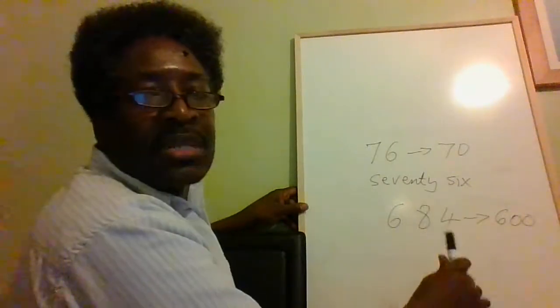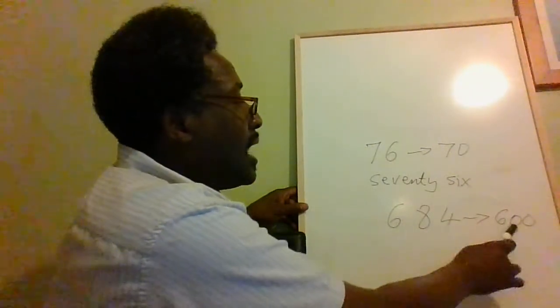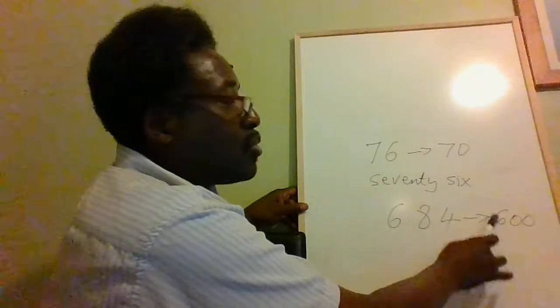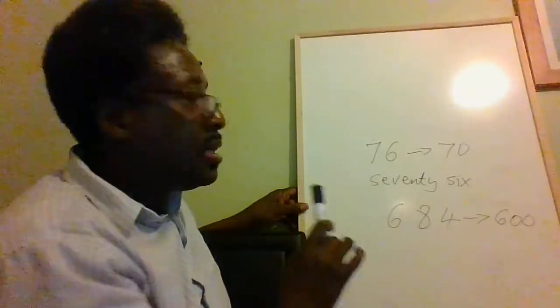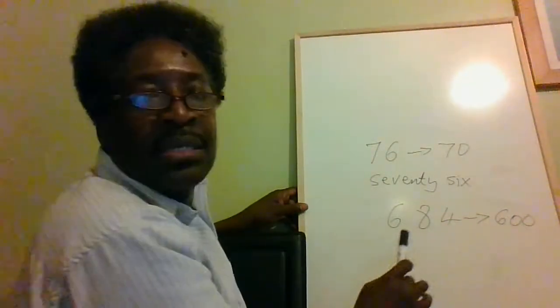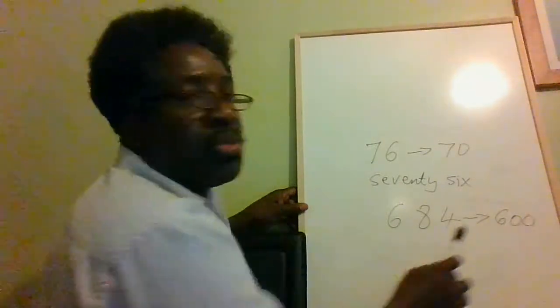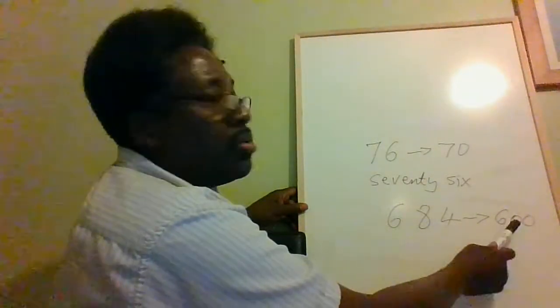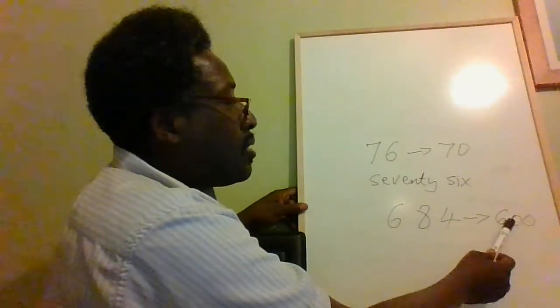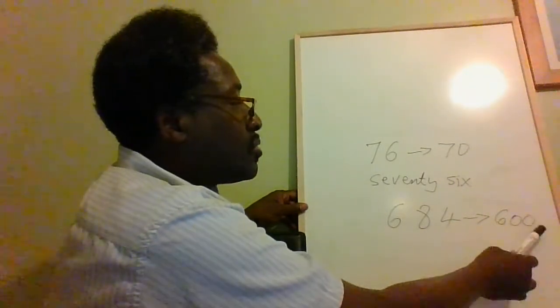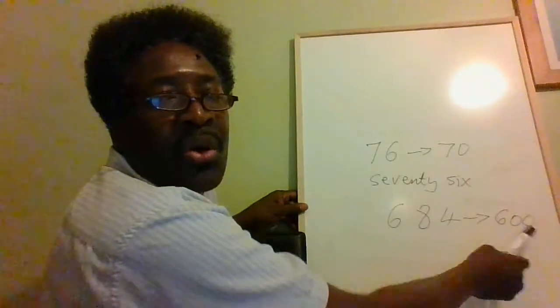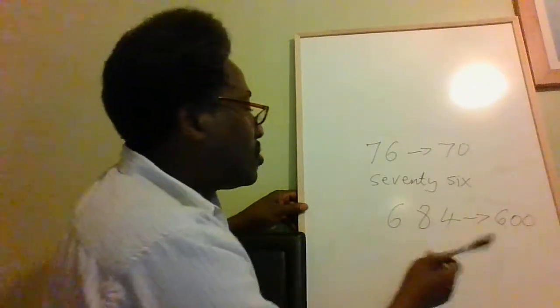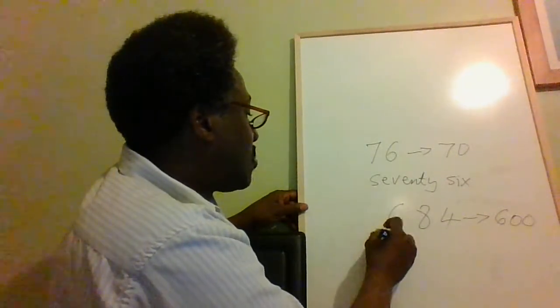So the starting point is to make every other digit 0 except the first digit. Then you can say this in words. It's easy because when you say a number with two zeros, you know you're talking about hundreds. So this is 600.